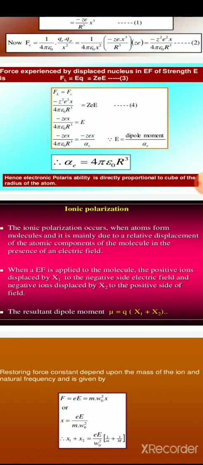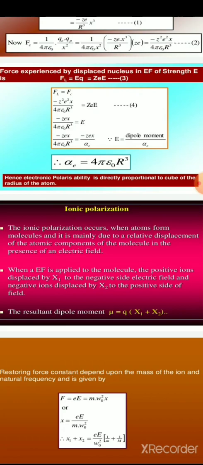Next, the second one is ionic polarization. Ionic polarization occurs when atoms form a molecule, and it is mainly due to the relative displacement of the atomic components of the molecule in the presence of an electric field.